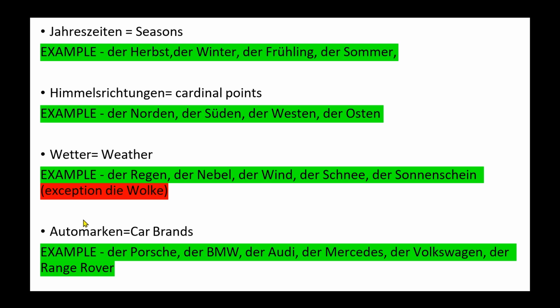So moving on. Automarken means car brands. Example, der Porsche, der BMW, der Audi, der Mercedes, der Volkswagen, der Range Rover. So the car brands always come with the article der. Moving on to the next slide.